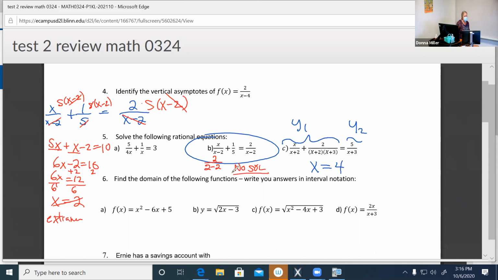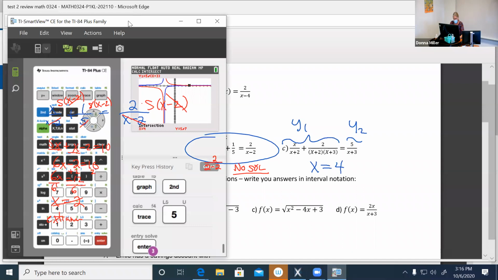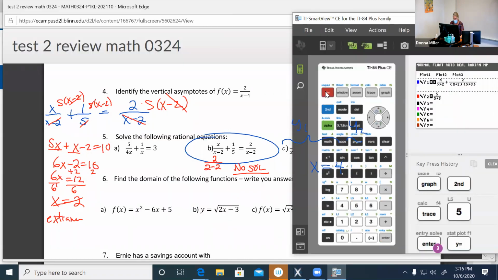And I'll tell you what, we're going to go graph it to verify that there is no solution. If there's no solution, I should see no place where the two graphs cross. So we're going to go graph it just to make sure. Pull Mr. Calculator up. I'm going to go to y equals.